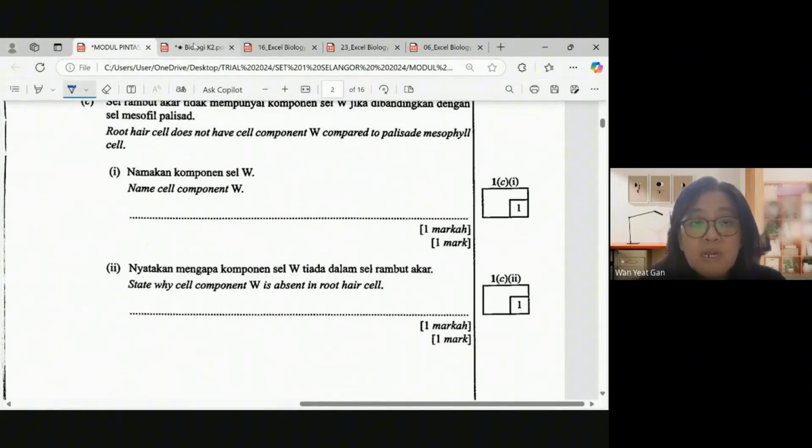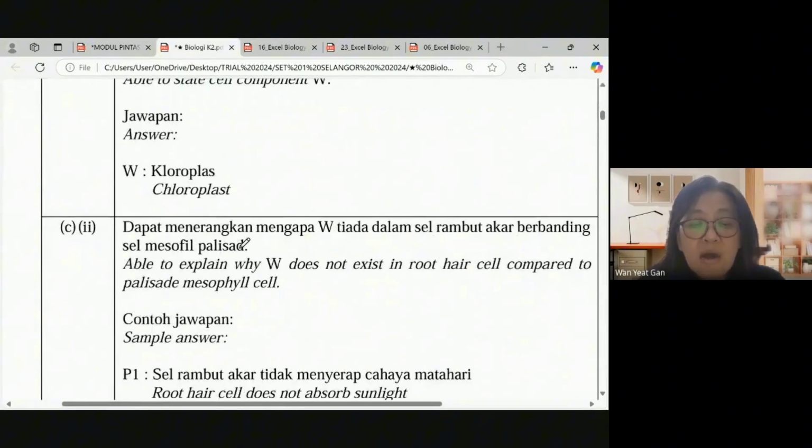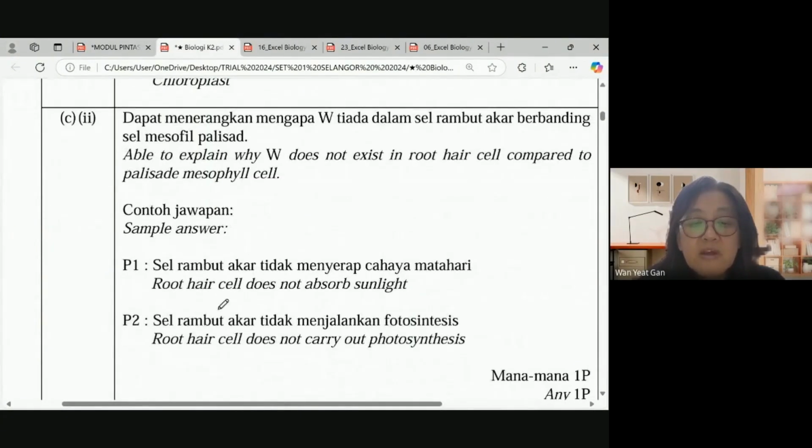Component W is absent because root hair cell does not carry out photosynthesis. Therefore, it does not need to have chloroplast to absorb sunlight. Okay, so root hair cell does not absorb sunlight, therefore it does not carry out photosynthesis.